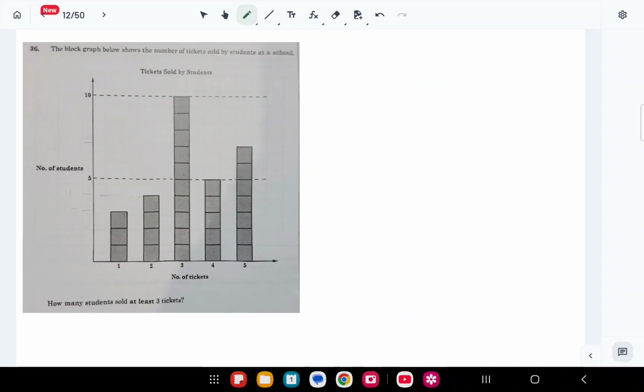And number 36, now we have our block graph. So the block graph below shows the number of tickets sold by students at a school. So we have number of tickets and number of students. Alright. So good.